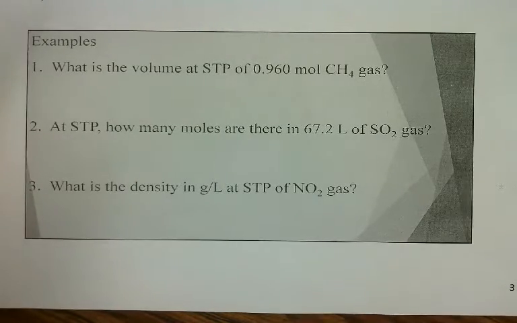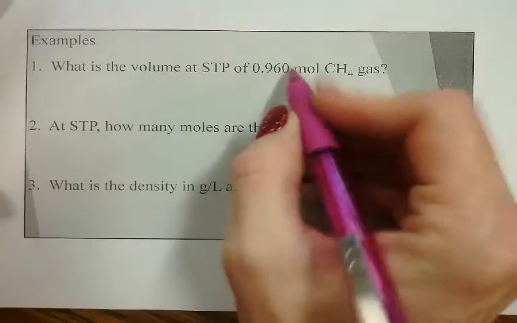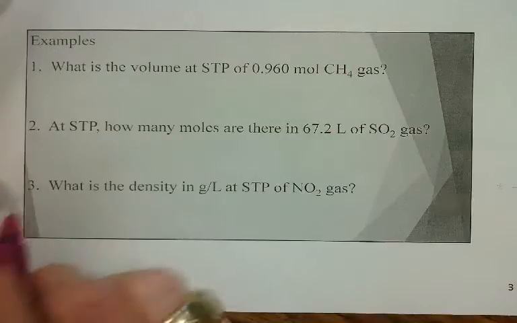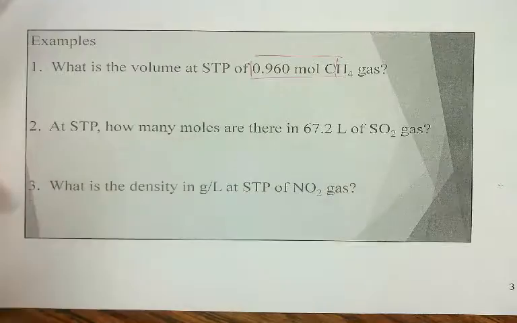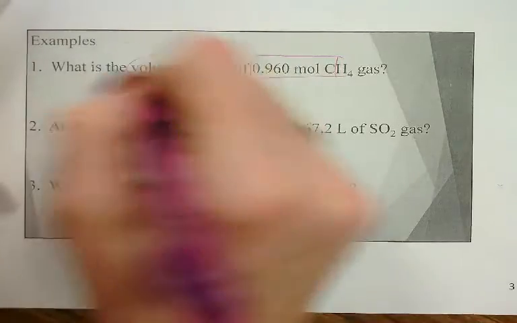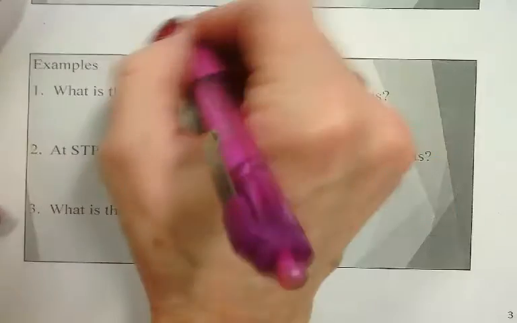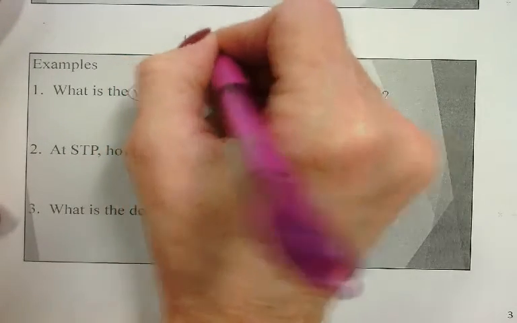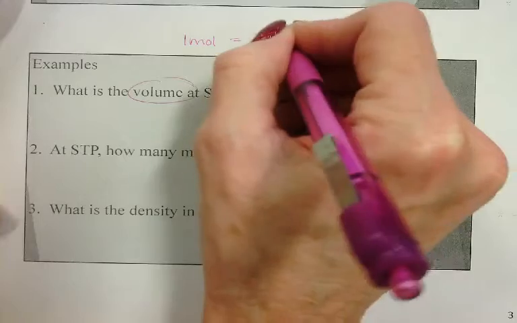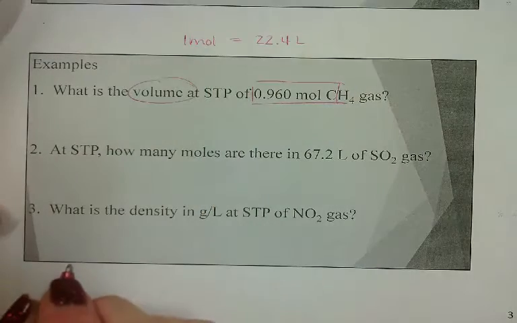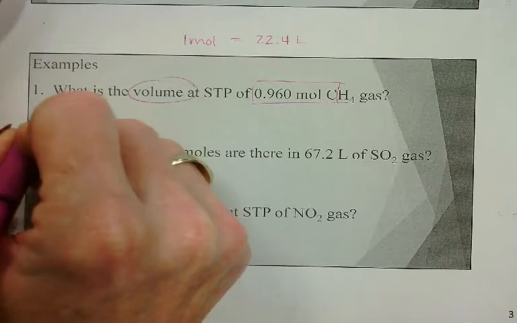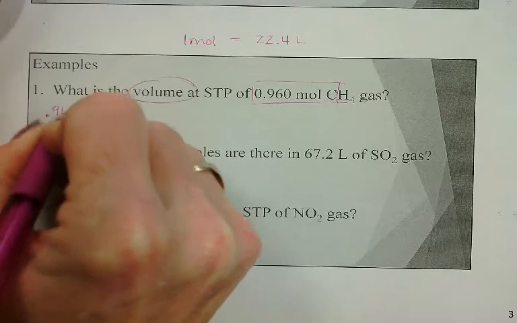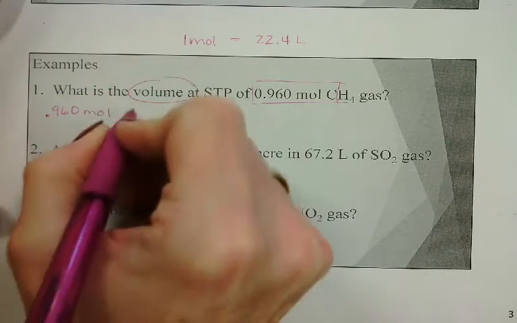What is the volume at standard temperature and pressure of 0.960 moles of methane gas? That is my given, so I box it. My unknown is volume. I'm going to use 1 mole equals 22.4 liters. That's my conversion factor when I have volume. So I start out by writing my given, 0.960 moles of CH4.